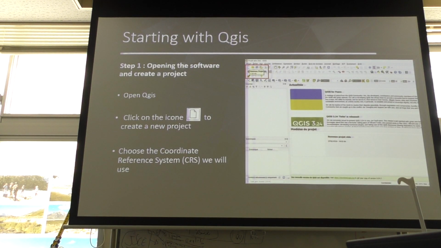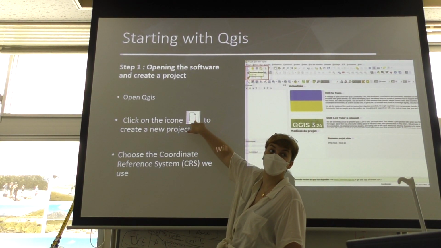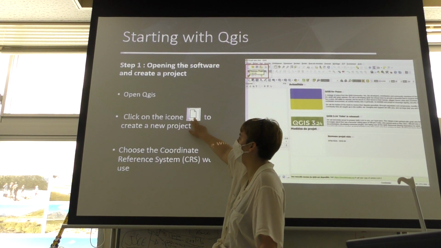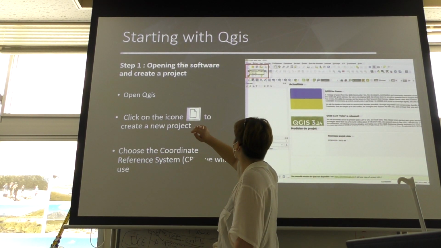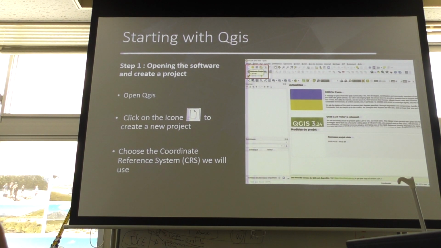So, when QGIS is open, you have a little icon like that to create a new project. So please create your new one and we will work on it during the classes this month. So is everybody okay with that? Everybody has QGIS open or not?